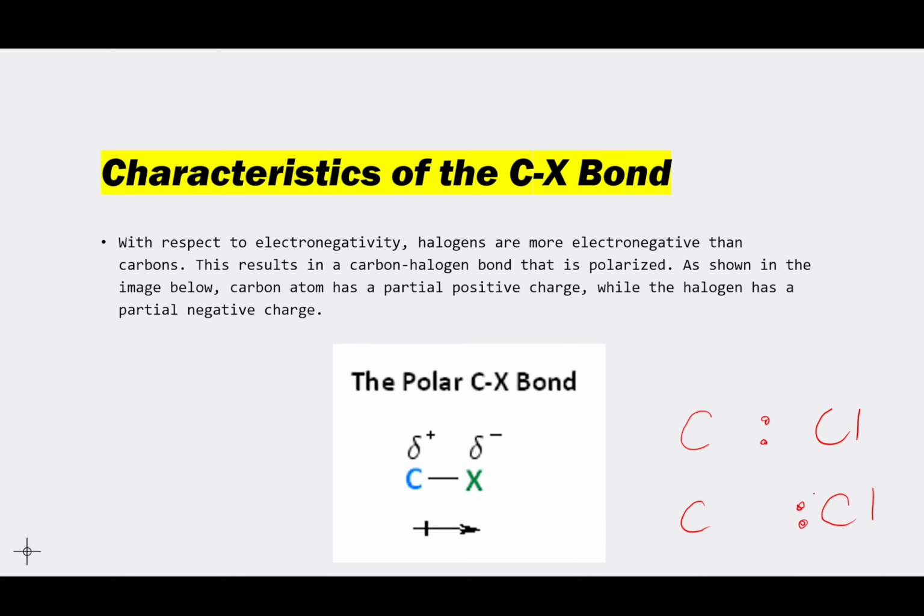The electron density is more dense on chlorine, so it acquires a slightly negative charge, while the electron-poor carbon acquires a slightly positive charge. Hence the bond is polar, and that is the dipole arrow that we have there. Make sense?